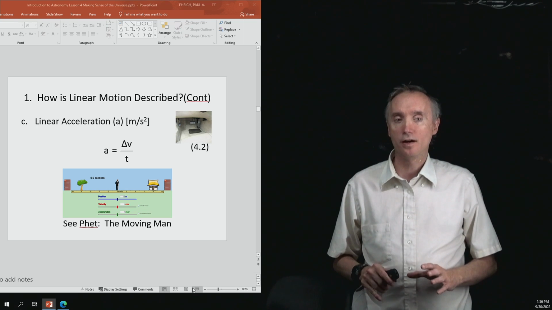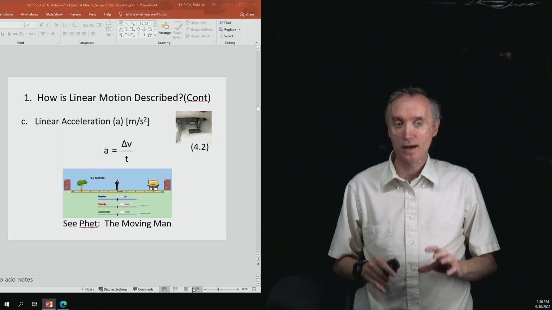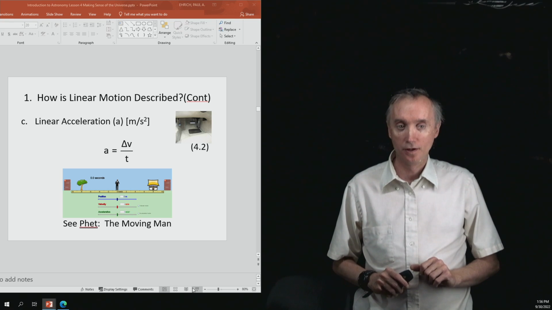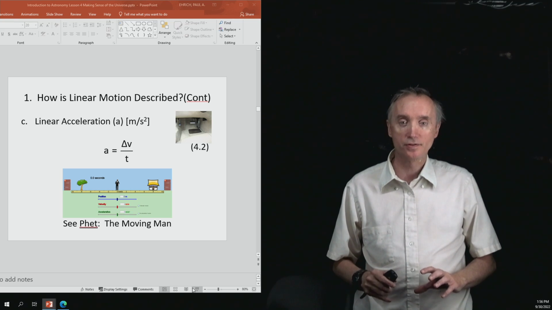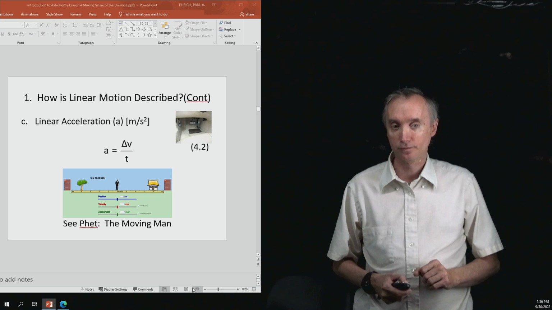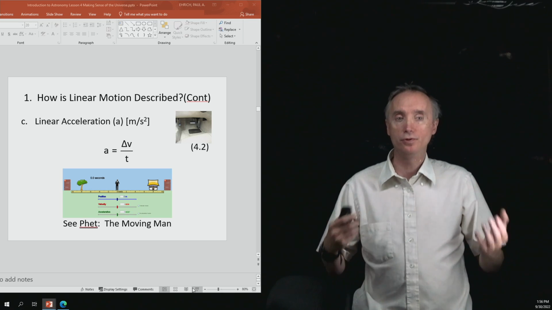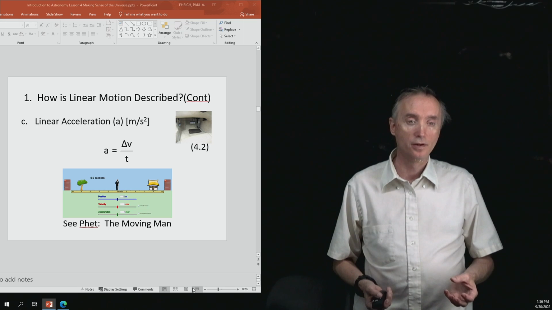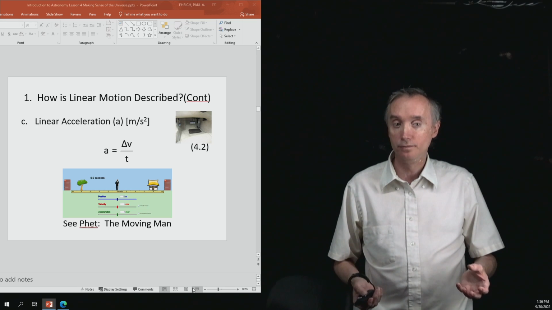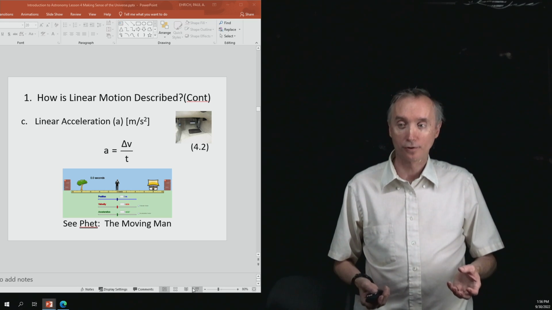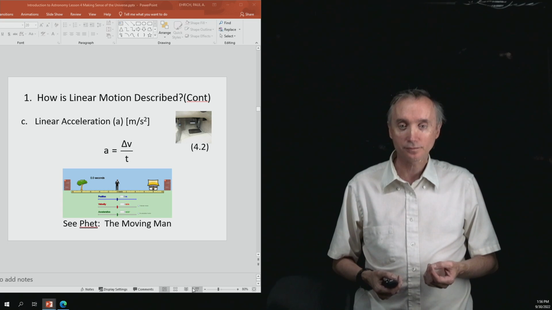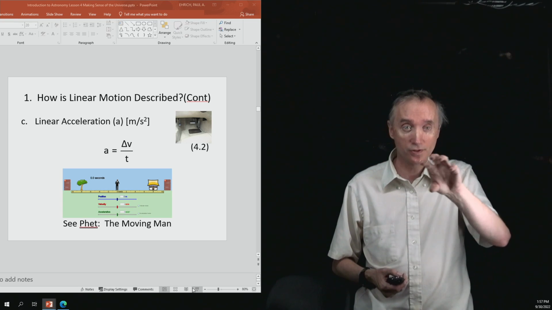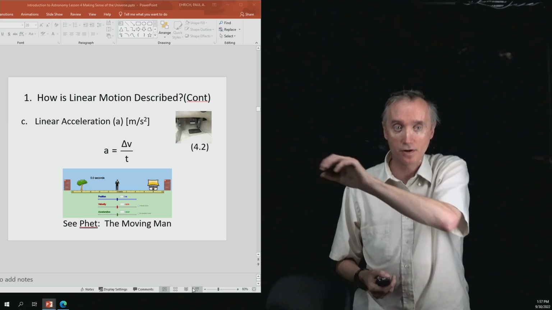You can think of acceleration as a master control knob. Whatever your acceleration is, that controls your speed. Even if you've got a speed of 1,000,000 miles per hour, if you've got an acceleration of -1 mile per hour squared in the opposite direction, eventually you're going to come to a stop, turn around, and then start going backwards.